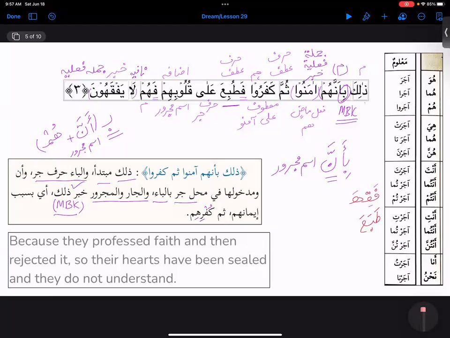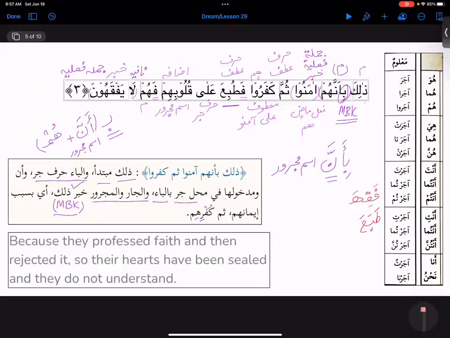But when he said when I am sick, he just did not mention Allah subhanahu wa ta'ala over there. So in passive voice, even though in this ayah we know that the doer is Allah subhanahu wa ta'ala, it shows the doer is unknown. In passive, always the doer is unknown.